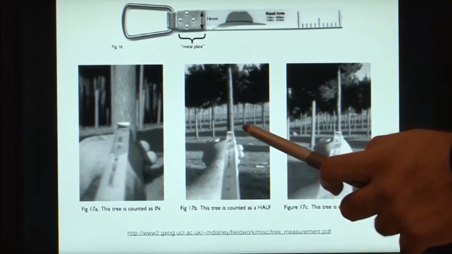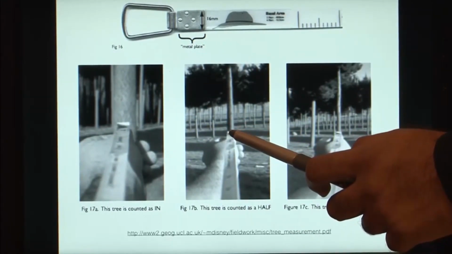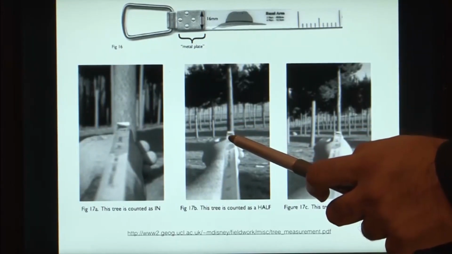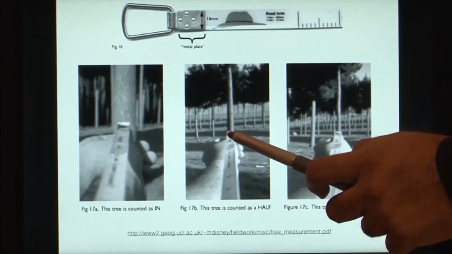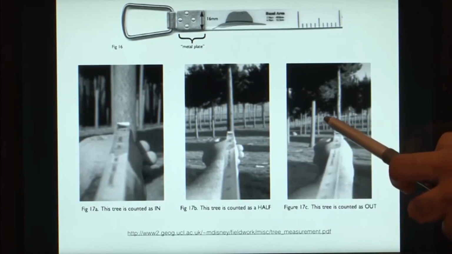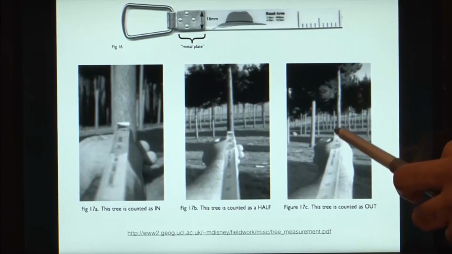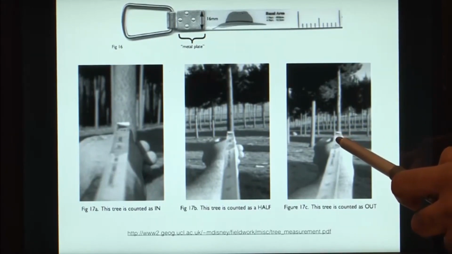In this case it is equal to your critical angle, because the width of this tree as seen from this distance and the width of the end of your tape is the same, and here you have a tree that is subtending a smaller angle as compared to the tip of your tape.